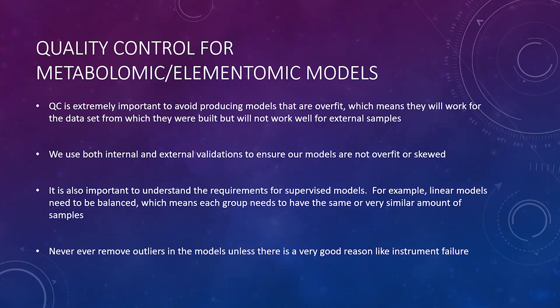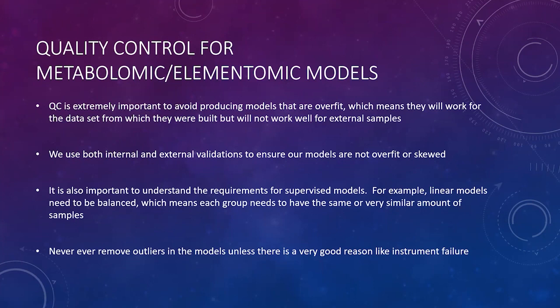So the goal of a model like the soya, when we're working, is that somebody's going to send me samples from whatever country it is, and we're going to be able to tell what country it's from, if we have that country in our model, or we can say it's from somewhere else. But if our model is overfit, we're not going to be able to work with external samples. So we use both internal and external validations to make sure our models are not overfit or skewed in a certain direction. So it's all important.